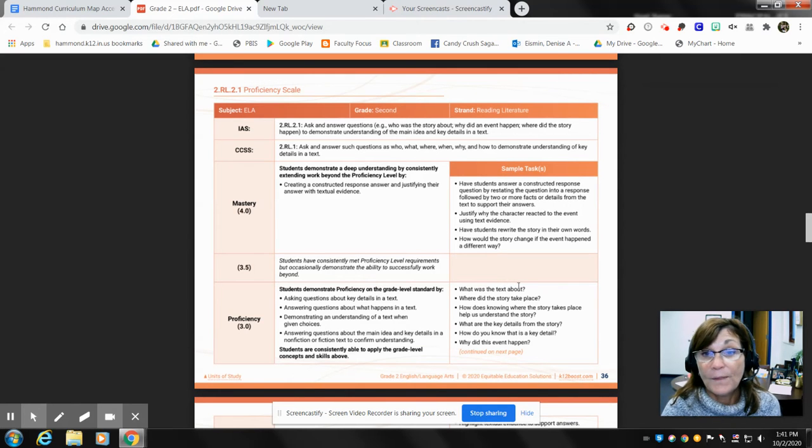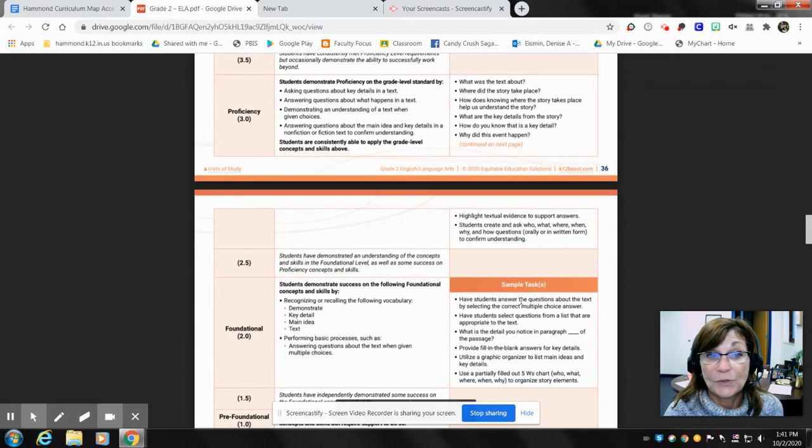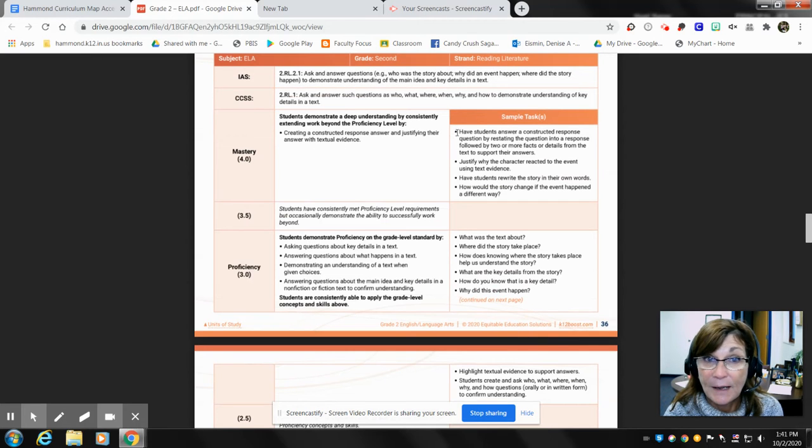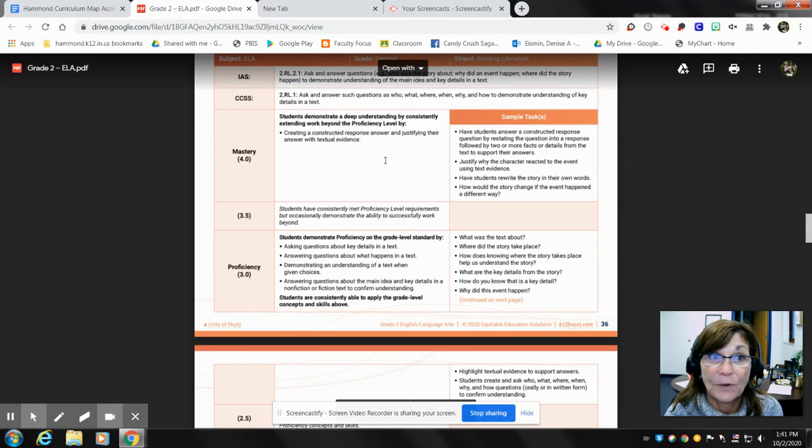One thing that might be helpful is to start here at the foundational level with the sample tasks at the beginning of the unit, perhaps asking these questions and seeing where kids are, and then build your lessons around that. And then by the end, they should have the sample task, mastery, and then the definition of what that is.